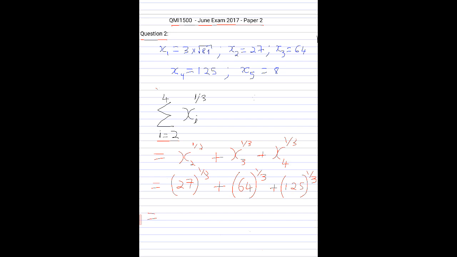Now if we look at this line, it tells us that everything is to the power of 1 over 3. That's some sort of a clue in most cases, not all the time.